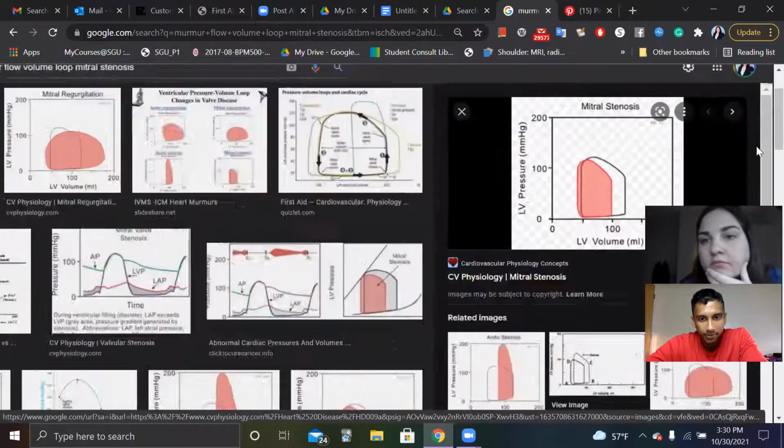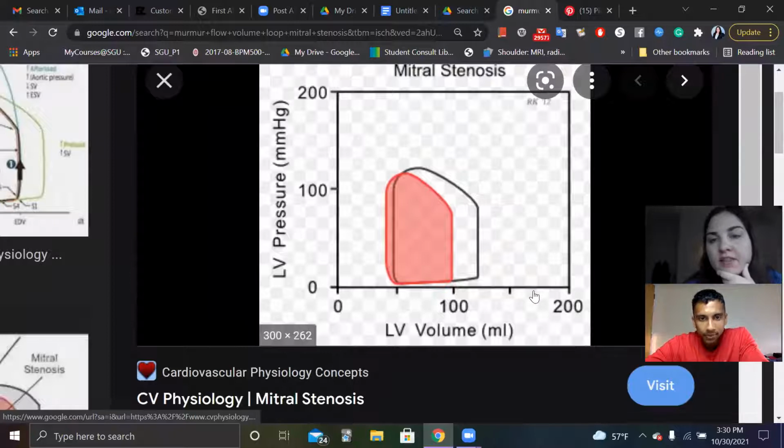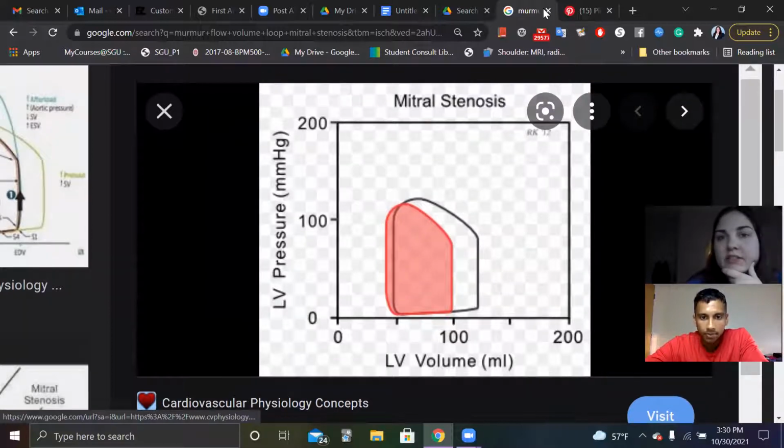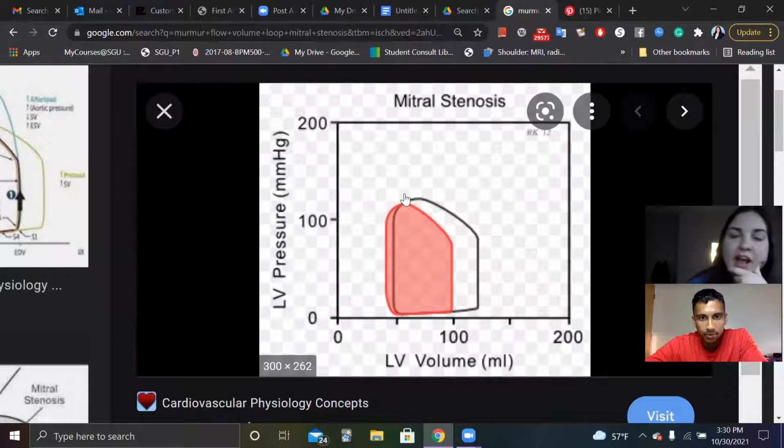You'll notice that the volume is lower here and that the stroke volume, the actual width, is smaller. There's not a big height difference because the only things that affect your afterload are the aortic valve and your arterioles. The mitral valve really doesn't. That's in the heart. That's before your afterload, so it's not really going to change. It's just you have a problem getting it out.